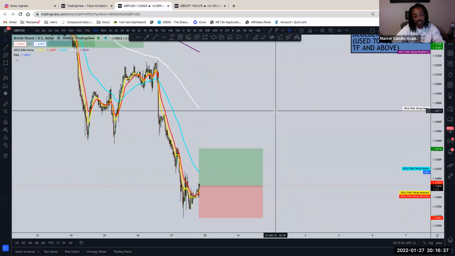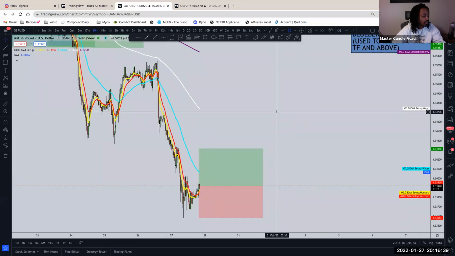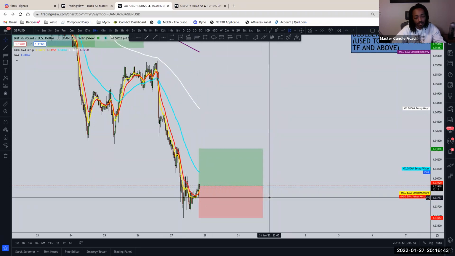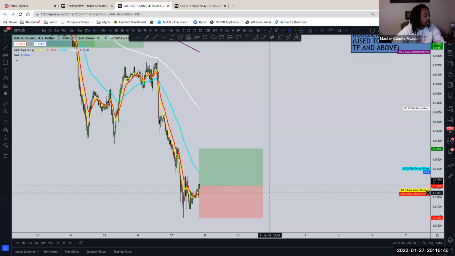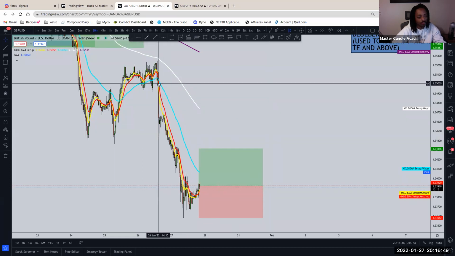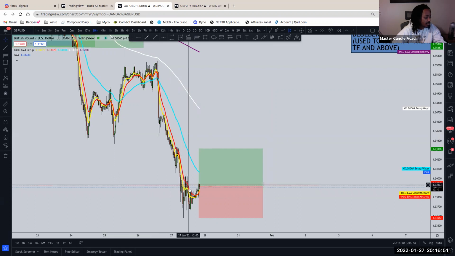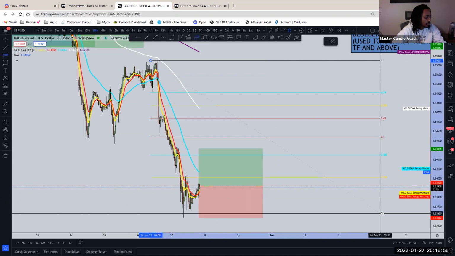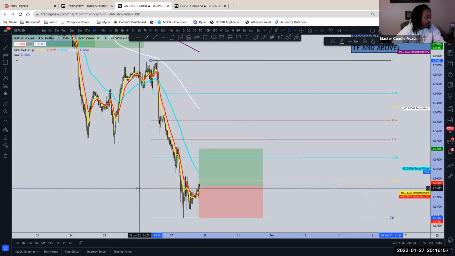Right. So because I know that we are realistically buying a pullback, yes, price is starting to reverse, but it's still considered a pullback. What I'm going to measure is the most recent move, right? This being the most recent move from the high to the low, right?